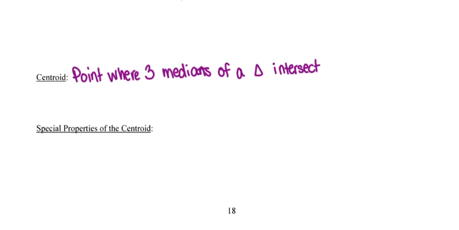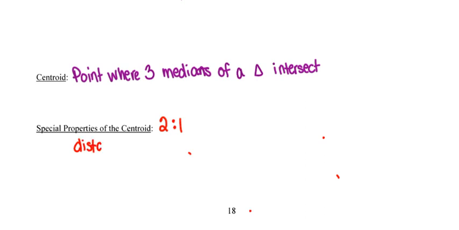I think probably the easiest way for kids to remember this is that the centroid has this whole idea of a 2-to-1 ratio going on. In other words, the distance from the centroid to a vertex is always going to be twice or double the length of the distance from the centroid to a midpoint. And we'll talk more about what this looks like in the picture in just a minute.